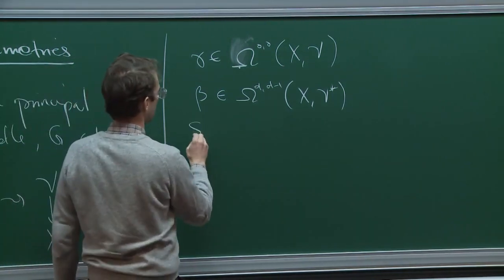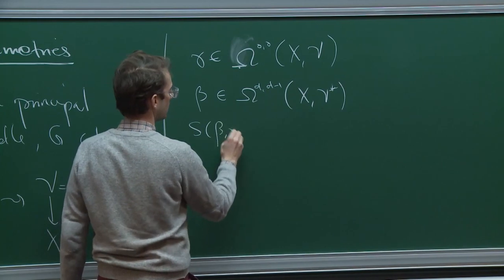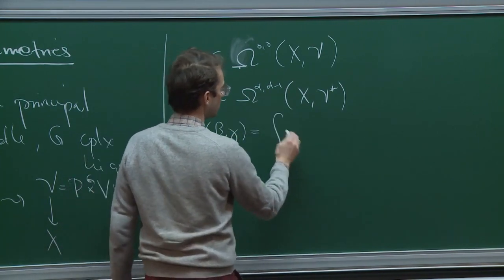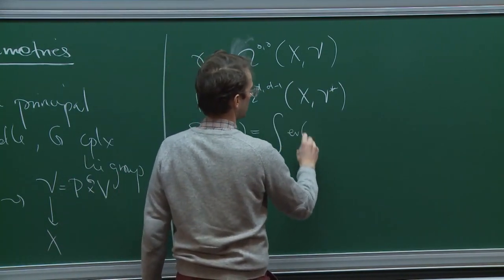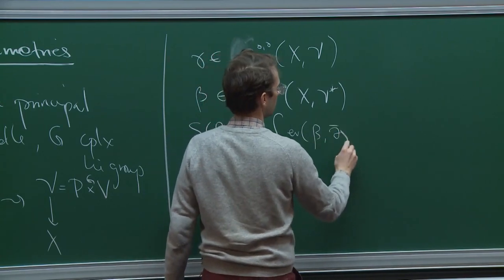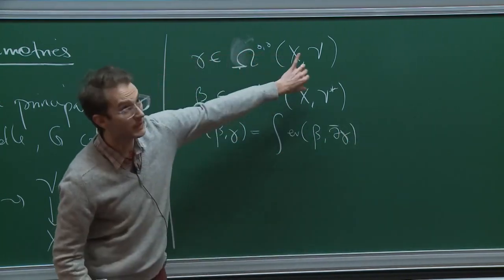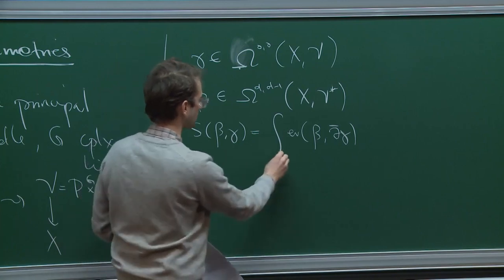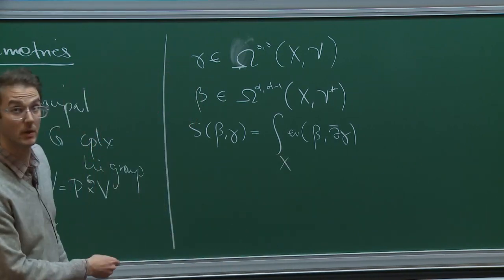And then I have the same action functional, but now I use the evaluation pairing between V and V dual to get a top form. And I get the same equations of motion.